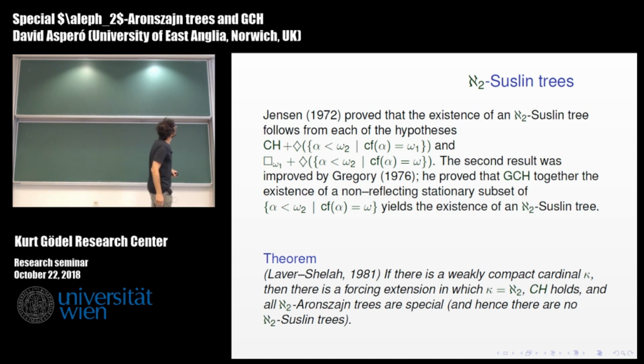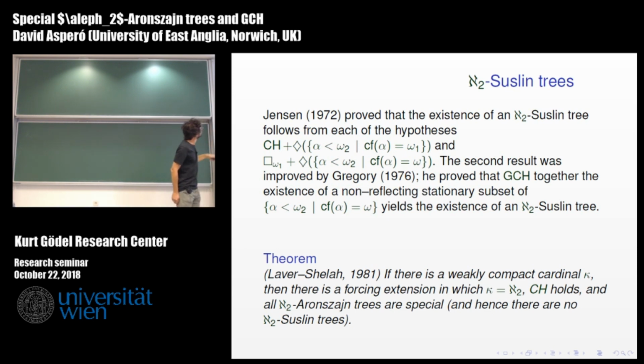So, for example, Jensen proved that the existence of an Aleph-2 Suslin tree follows from either saying you have CH and this particular diamond here on Cov omega 1, but also if you have square omega 1, so this square sequence on omega 2, and this other diamond.